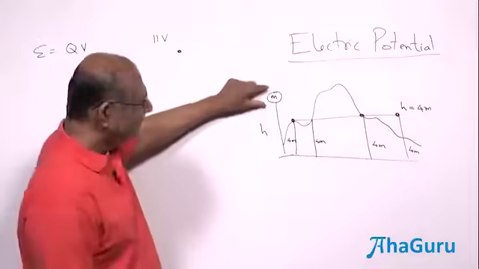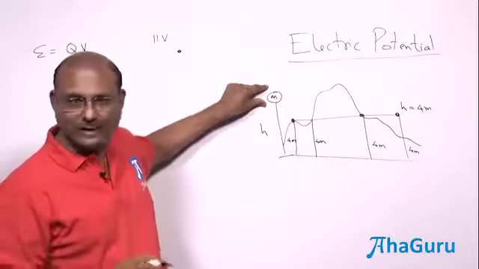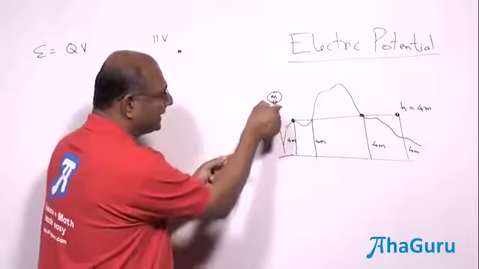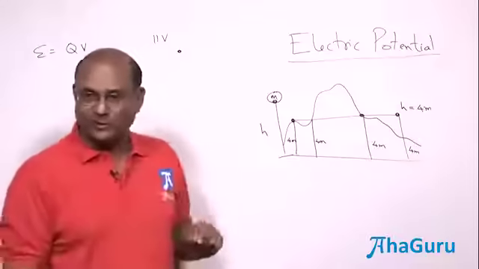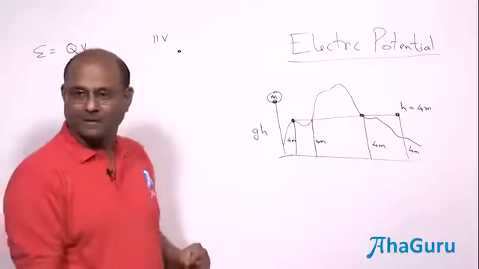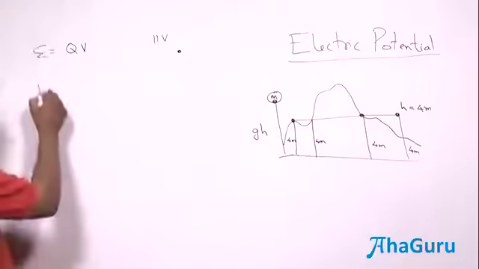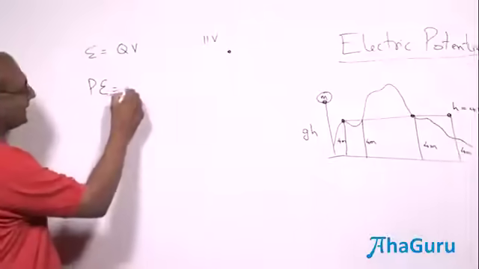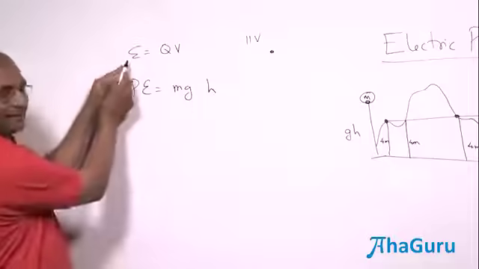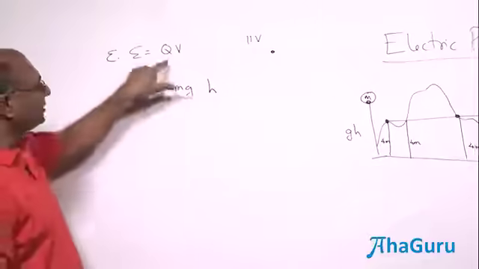Now mass can be converted into weight, mg. So if I write the gravitational potential, I can think of it as gh. So what will be the potential energy? Potential energy is mgh. This should be called electric energy, should be called QV.